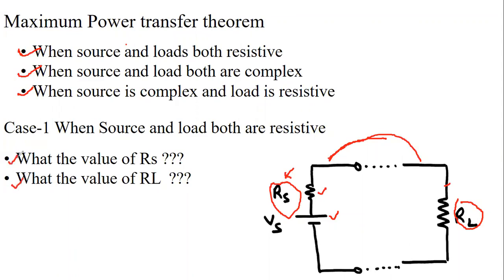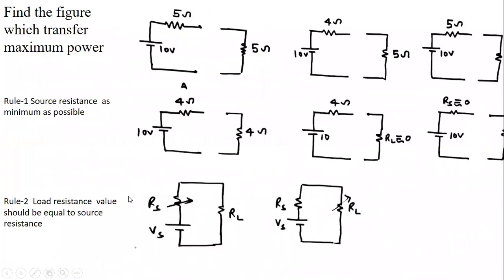Before going to the maximum power transfer theorem, we are just showing some circuits to build some concepts. See here, we have shown a number of networks with different combinations and try to find which circuit has maximum power.